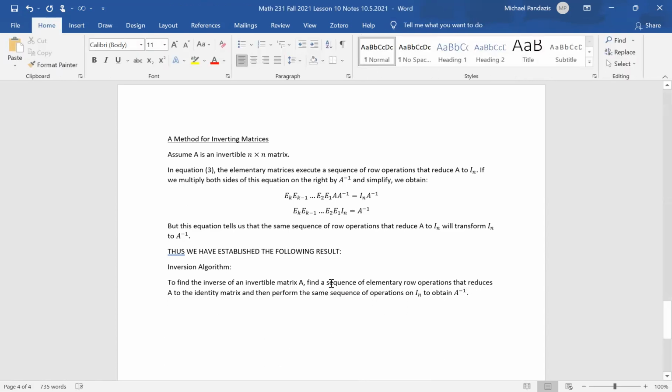If you start with the identity and you perform the same sequence, you get A inverse.